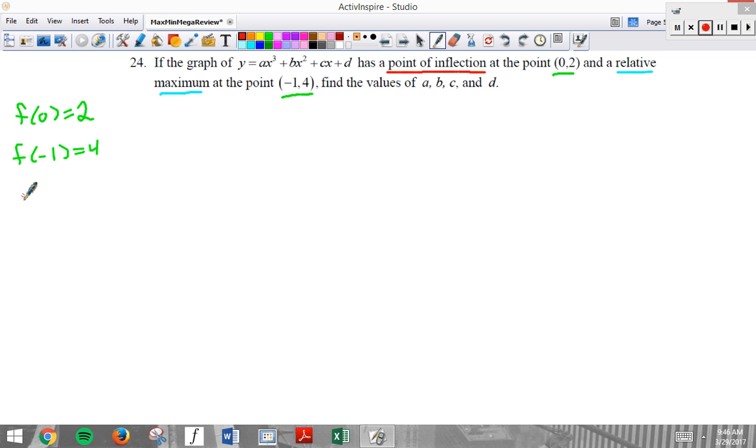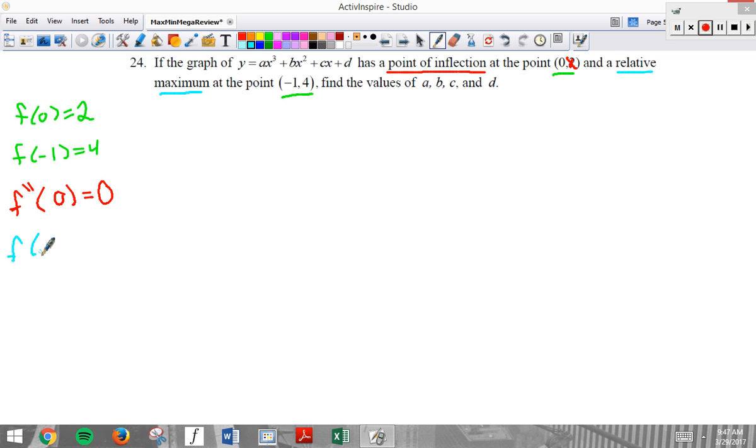A point of inflection should make you think of f double prime. F double prime at that x coordinate equals 0. That's inflection. I'm not using the 2 for anything with inflection. Same thing with minimum.